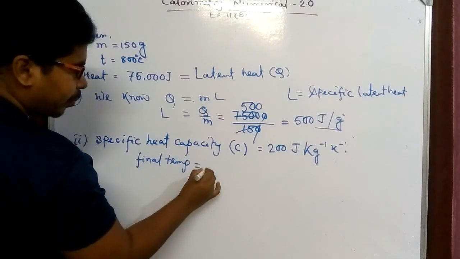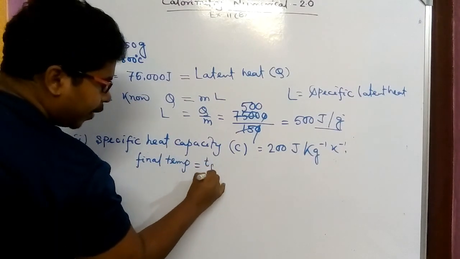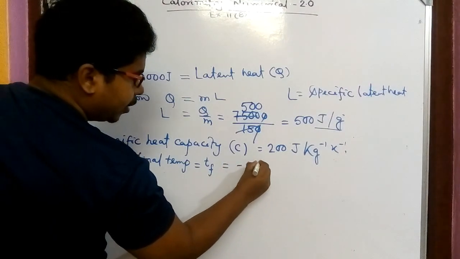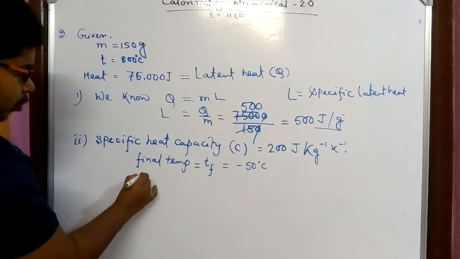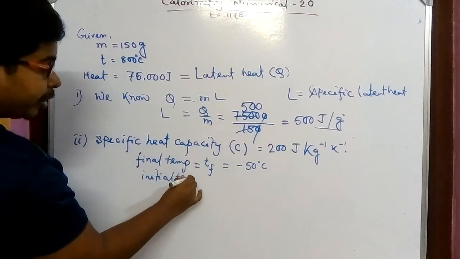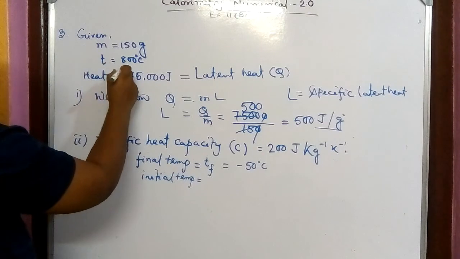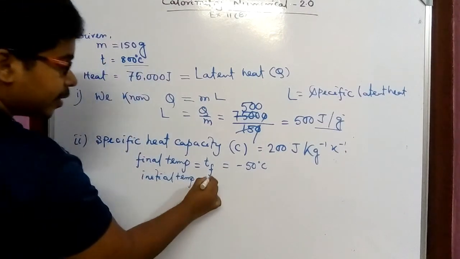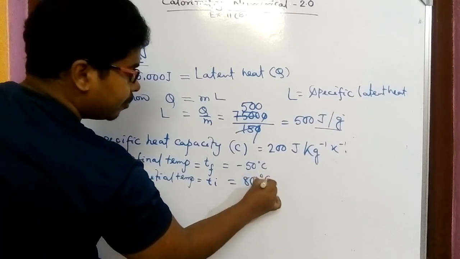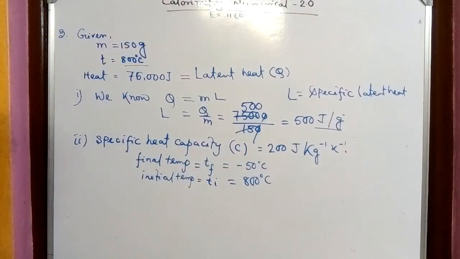Final temperature Tf equals minus 50 degree centigrade. The initial temperature, as already mentioned, is 800 degree centigrade, so Ti is 800 degree centigrade. We have to find the total heat energy.